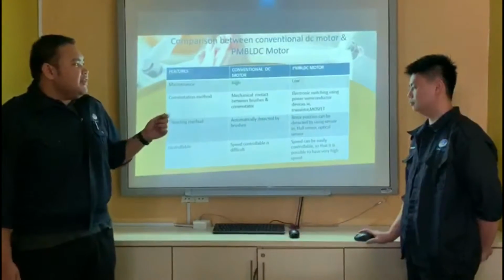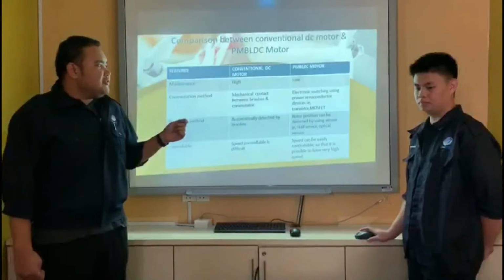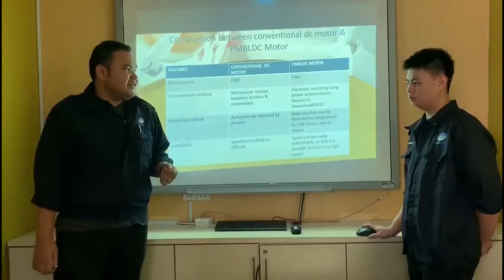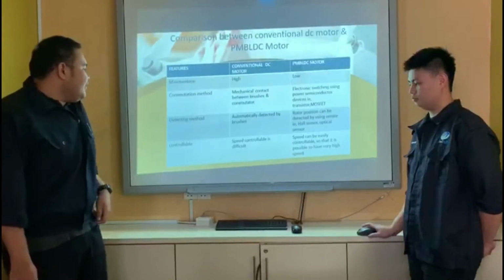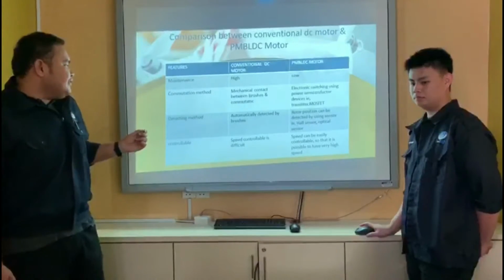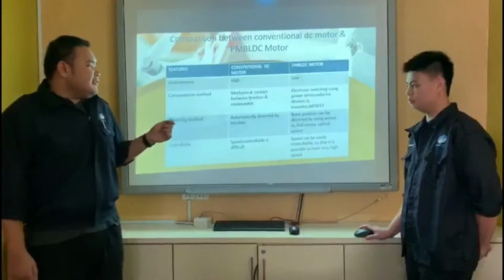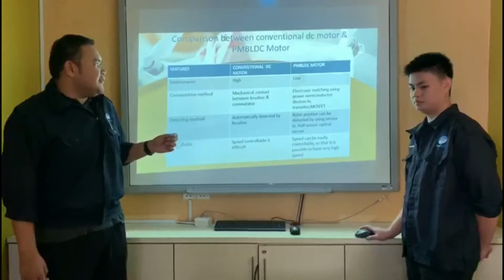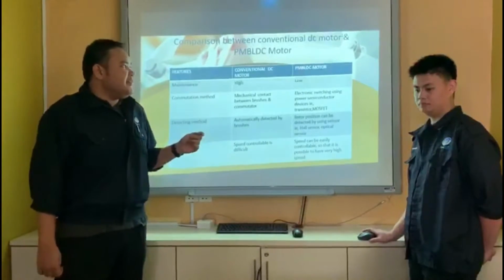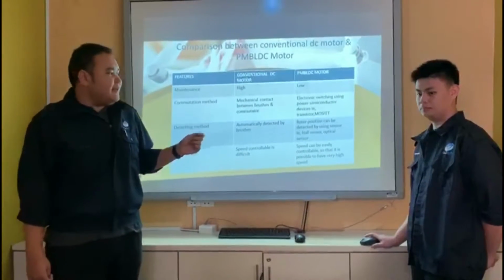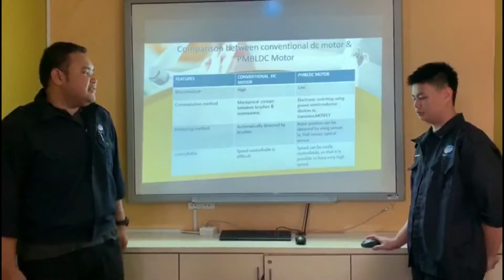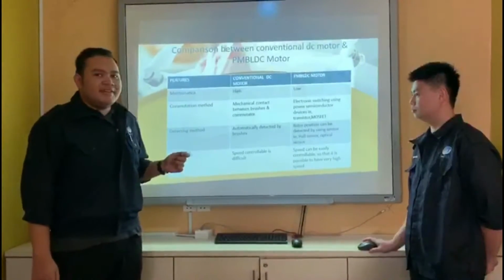For PMBLDC, it is electronic switching using power semiconductor devices such as transistors and MOSFETs. For the detecting method, the rotor position is automatically detected by brushes for the conventional DC motor. For the PMBLDC motor, rotor position can be detected by using a sensor, for example, a Hall sensor and an optical sensor.